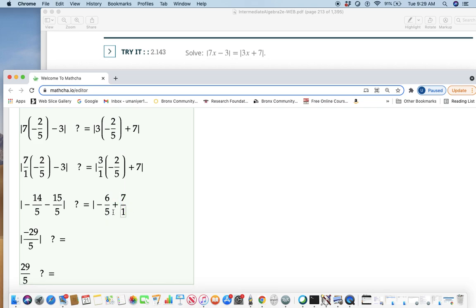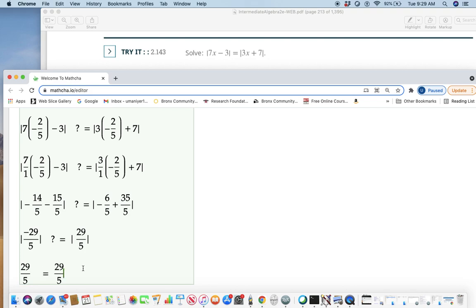I want a common denominator of 5, so multiply by 5. 1 times 5 is 5, 7 times 5 is 35. Upstairs is negative 6 plus 35, which is simply 35 minus 6. That's 29. Absolute value of 29 over 5 is 29 over 5 because it's positive already.